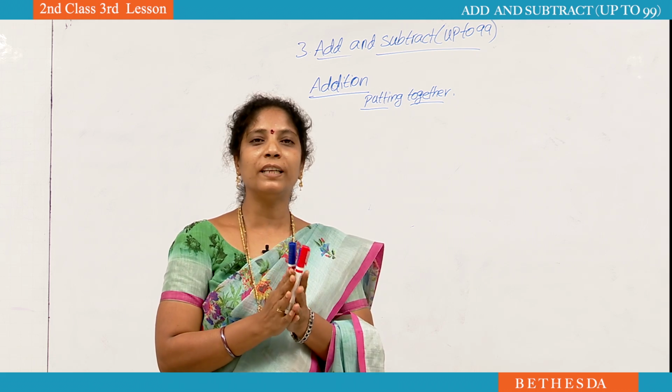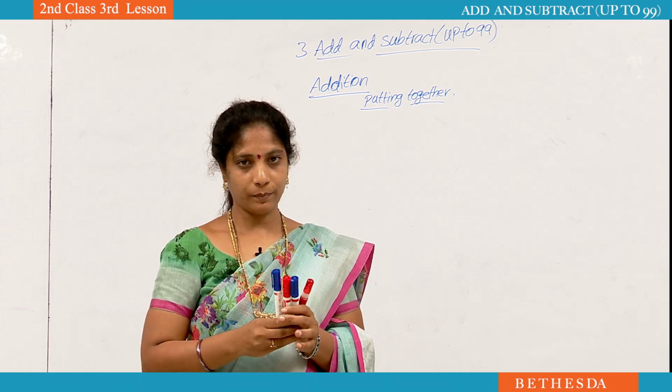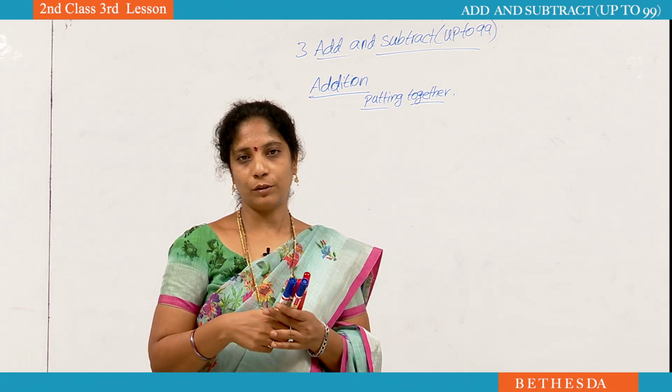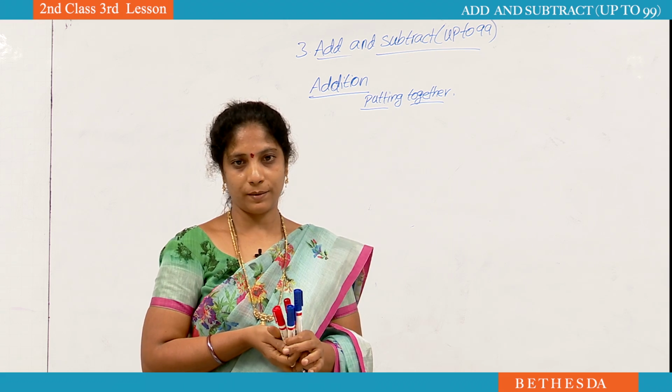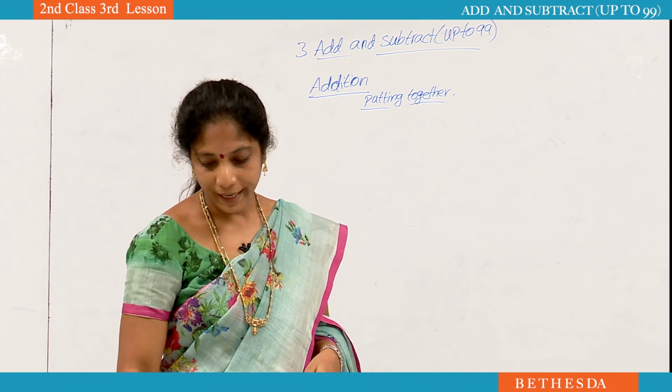If I put all these together, how many total markers are there with me? 1, 2, 3, 4. Total I have 4 markers. This is called addition. Putting together is called addition.